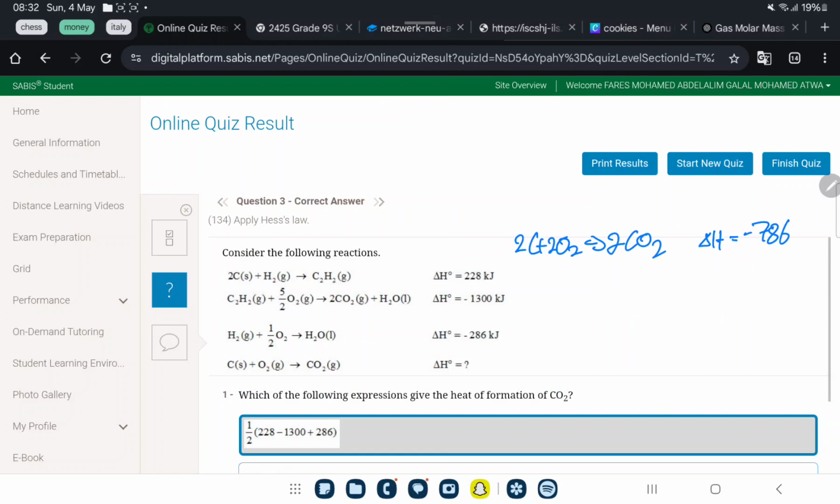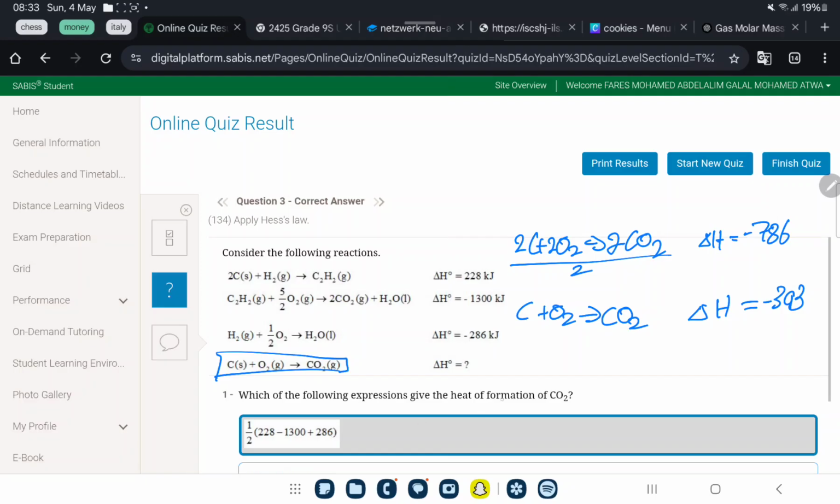Now we want this reaction, so we're going to divide this whole thing by 2. So we get C plus O2 equals CO2, and the delta H is now minus 393.